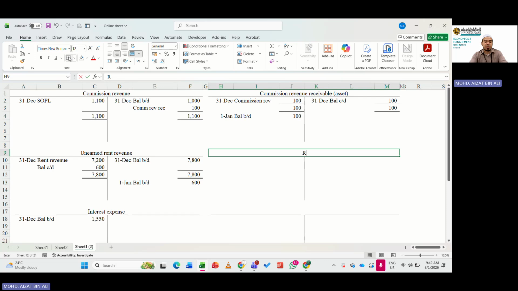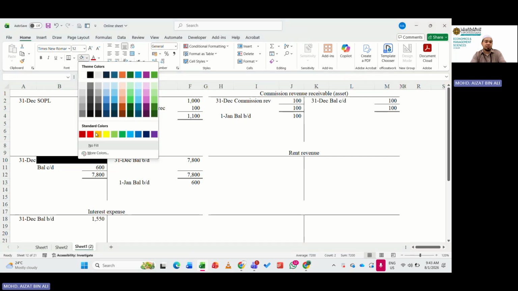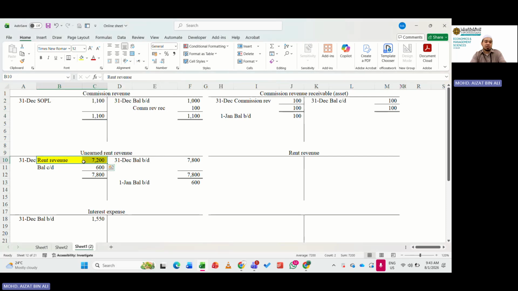Next, let's open rent revenue. Look at the account's name, revenue. So it is a revenue account. Revenue is credited. You see here, this is the entry.